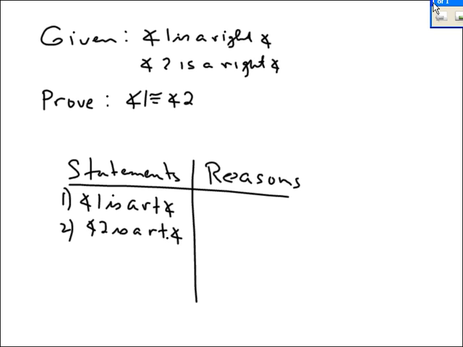Well, statement 1 is true. The reason it's true is because it was given to be true. We were told angle 1 is a right angle, and we were given that angle 2 is a right angle. Now I say that angle 1 is congruent, that just means equal to, angle 2.